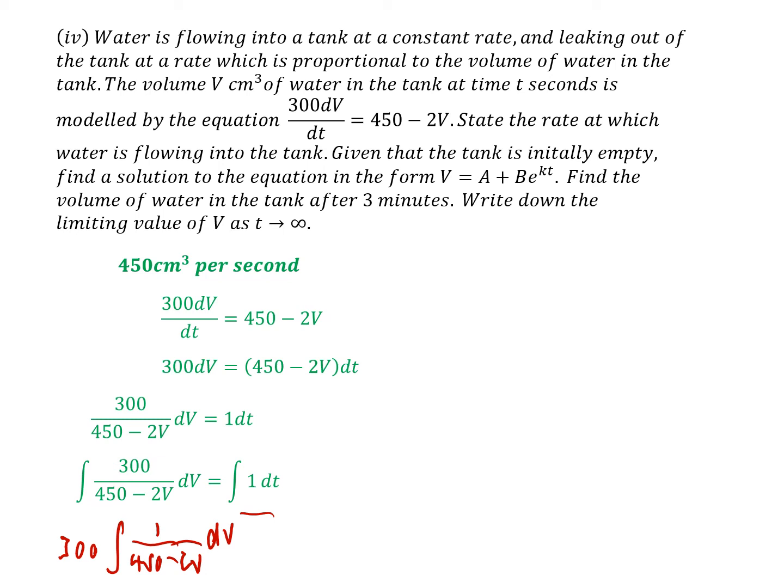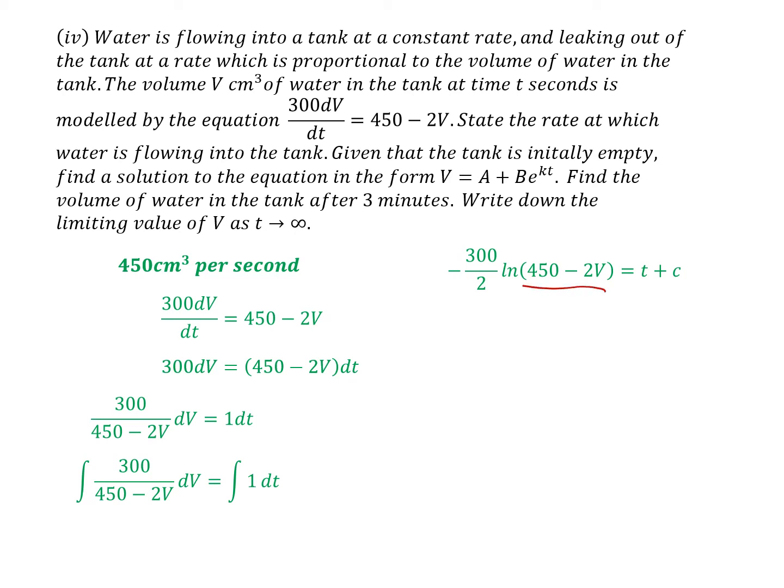It's not just the integral of 450 minus 2v. We then need to divide by the minus 2. So there's 300, which I took out of the integral, ln of 450 minus 2v, and then dividing by minus 2. And then the integral of 1 is t plus our constant of integration.